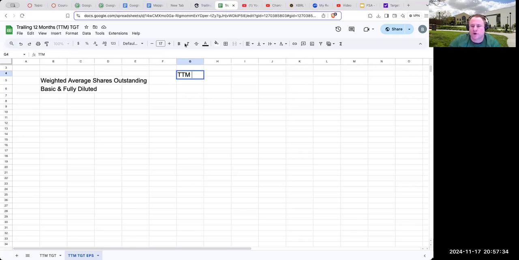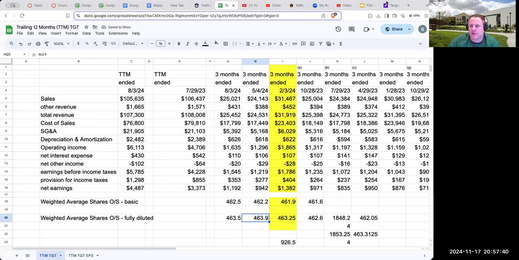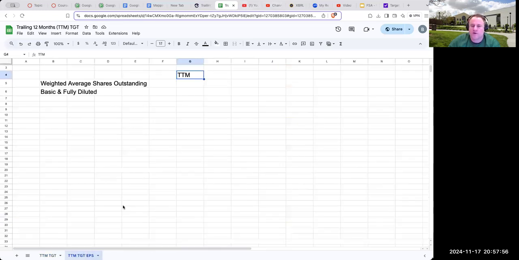And for Target, this is going to be as of 8/3/24. Now, if you're doing this project and Walmart releases third quarter earnings, you'll be doing that on the most recent one, which they may actually be issuing shortly. So you'll be using that for your trailing 12 months.